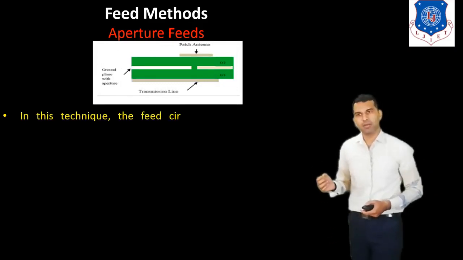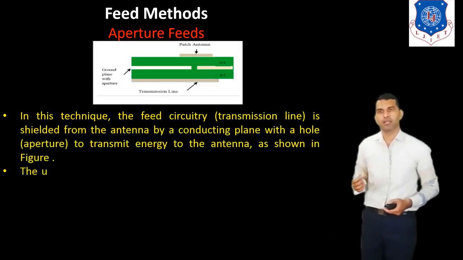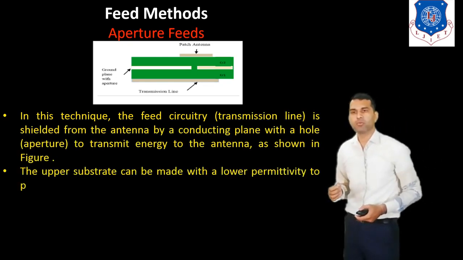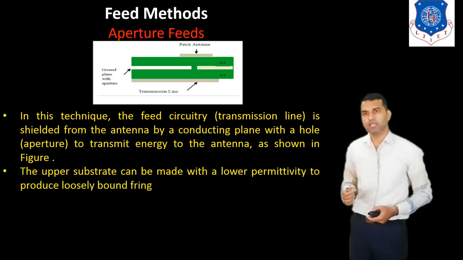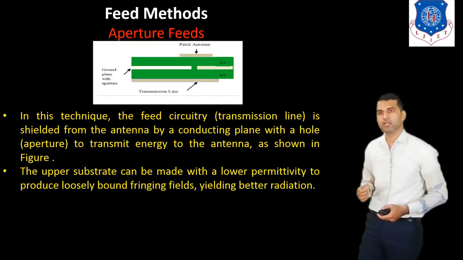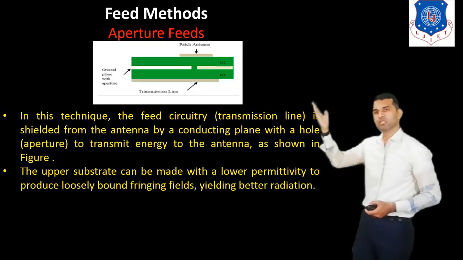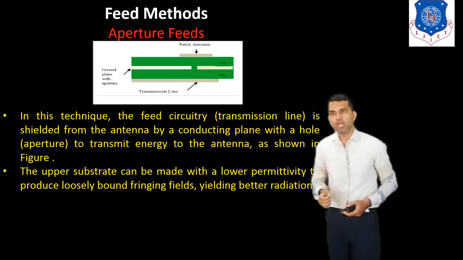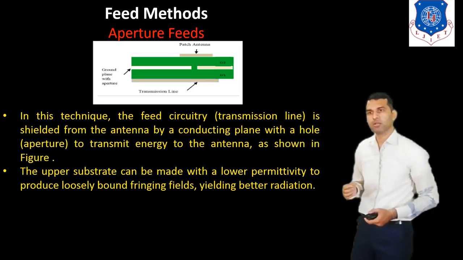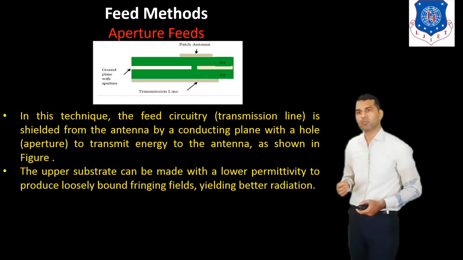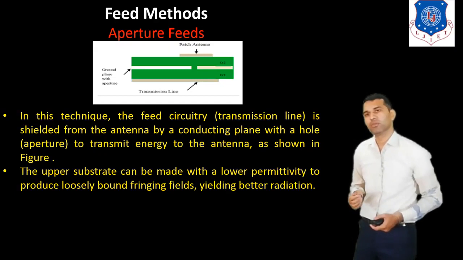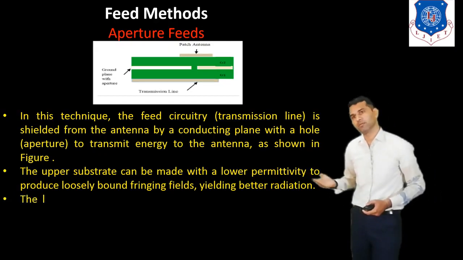In this technique, the feed circuitry, that means the transmission line, is separated from the antenna by a conducting plane with a hole to transmit energy to the antenna, as shown in this figure. The upper substrate can be made with a lower permittivity to produce loosely bound fringing field, yielding better radiation.